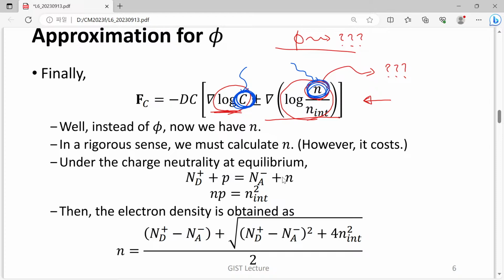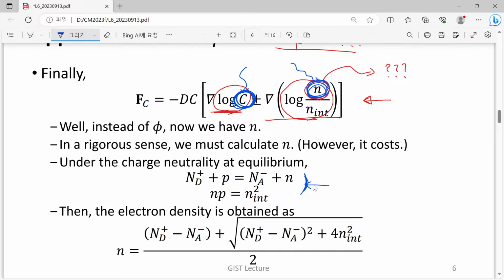So this is a really poor approximation. However, unfortunately, we have no better way to approximate something in a local sense. That's the reason why we are talking about this one. I'm stressing that it's not perfect.